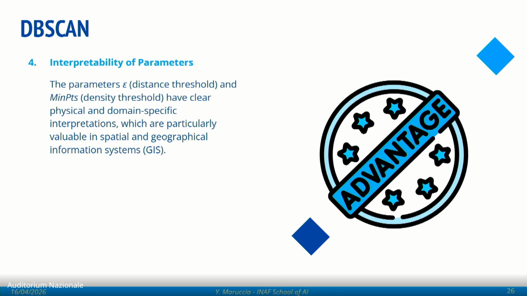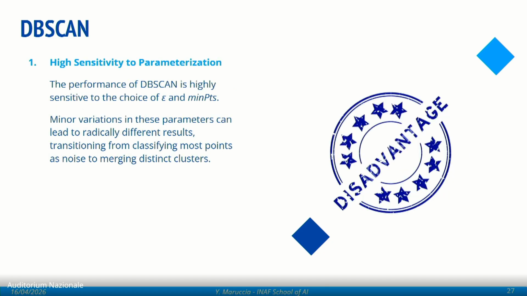The DBSCAN is usually adopted also by Google Maps and so on, to understand traffic, or to find particular points of interest for tourism and so on.